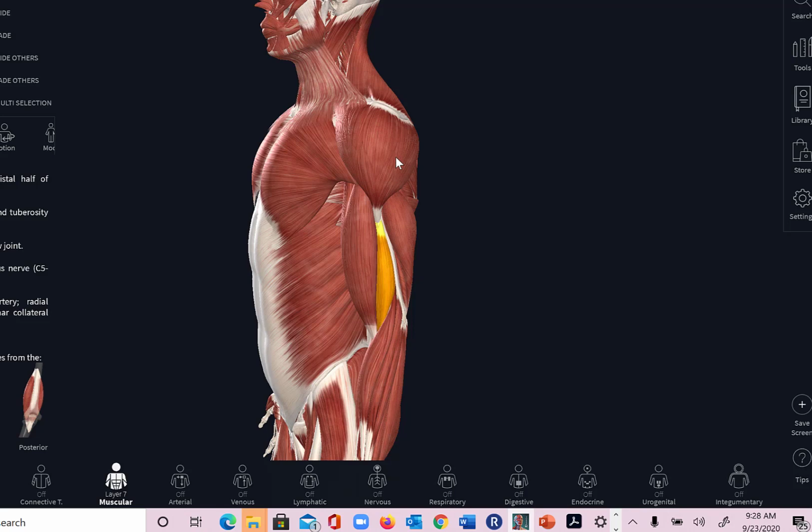Remember, proximal refers to the point of attachment near the scapula. That's not where we are. It is the distal anterior portion of the humerus, and its insertion is the coronoid process of the ulna. And this allows the action of flexing the forearm.